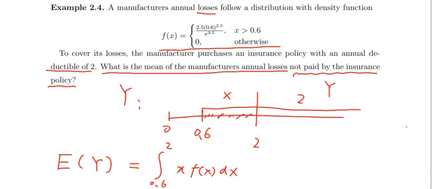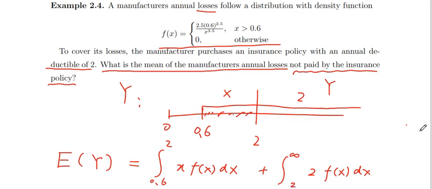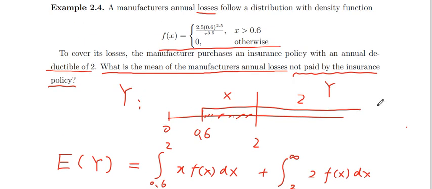Plus, for X larger than 2, from 2 to infinity, not paid is 2, and the probability is this density function f(x). Now this is a math problem, just plug in.